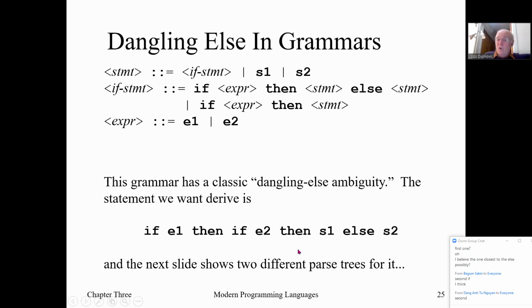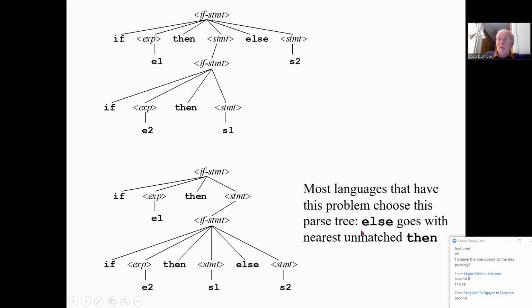So this grammar written in this way is creating this expression here, which is legitimate expression, but it does not tell you whose else is this, because you can write that in two different ways. You can say if expression, then statement, else statement, and then put inside if statement, then this statement. And this is obviously wrong interpretation, because in this line before will be if E2, then S1, else S2.